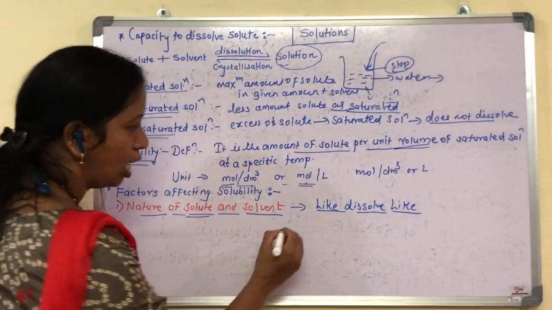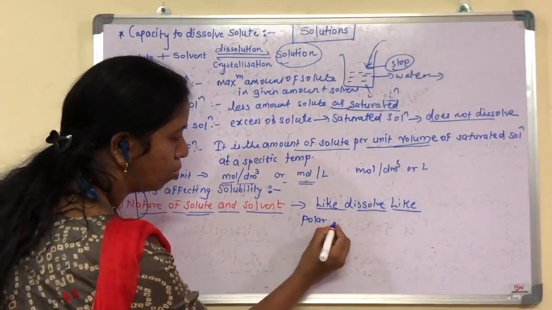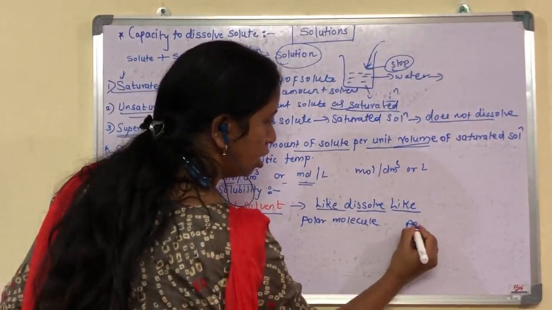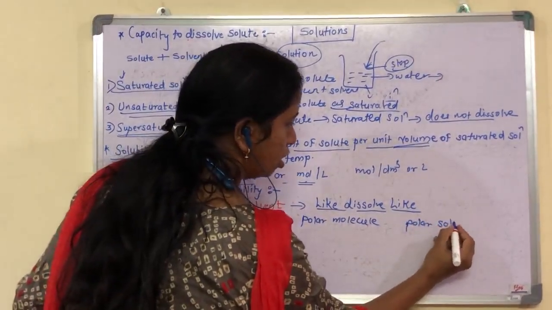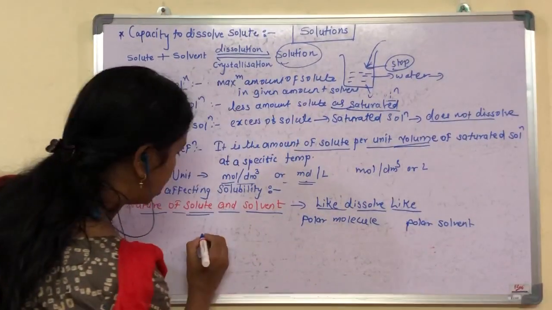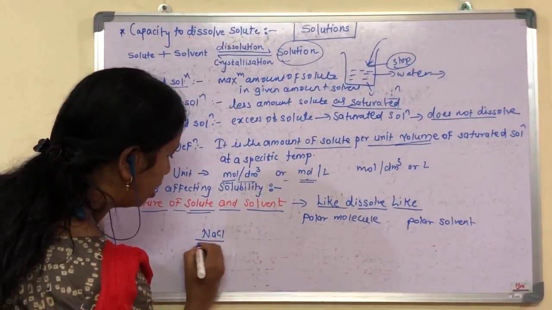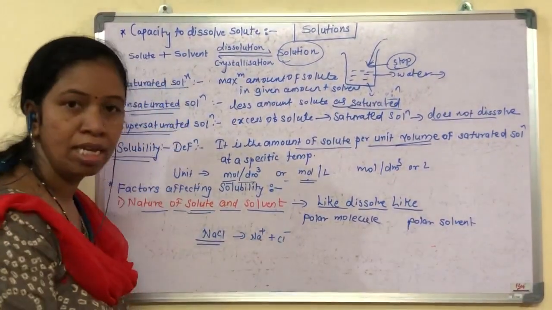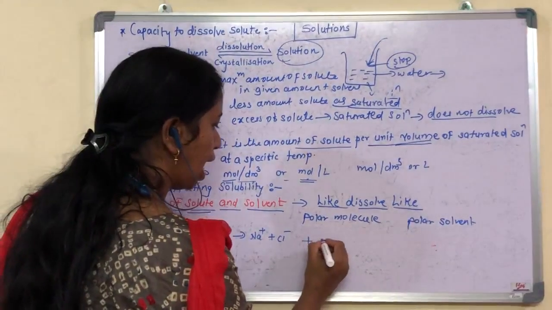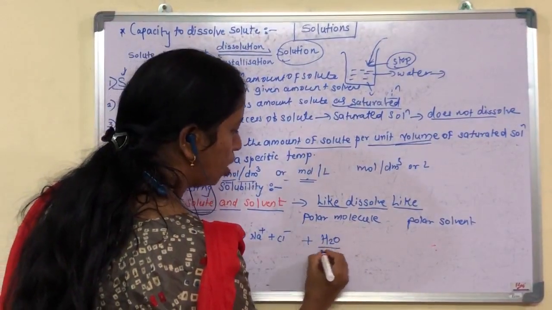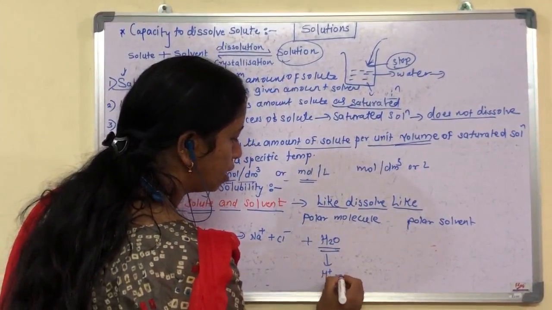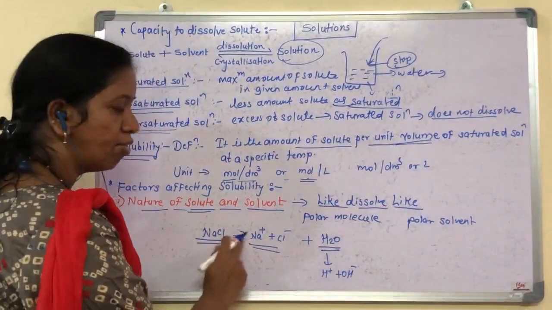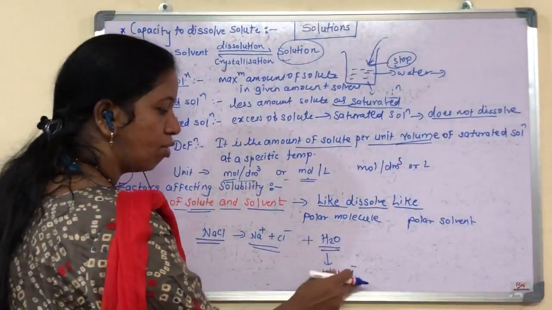So polar compounds, polar molecules, dissolve in polar solvents. If you take the example of NaCl, NaCl can dissociate into Na+ and Cl- ions, and if this is added into water, water can form the ionic state.